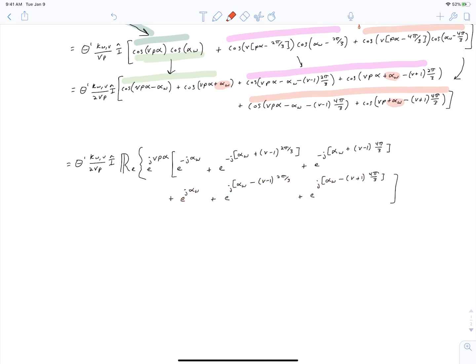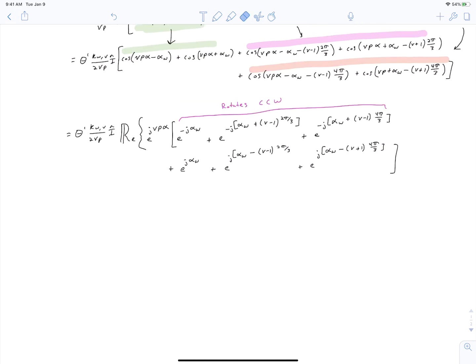And so what we can say is that this looks like the sum of two waves that are rotating in opposite directions. This top complex quantity up here is the polar notation for a phasor that's rotating in the counterclockwise direction, and that's the direction of our rotor's rotation. And we know that this is rotating in the counterclockwise direction because alpha W is the opposite sign of this argument over here.